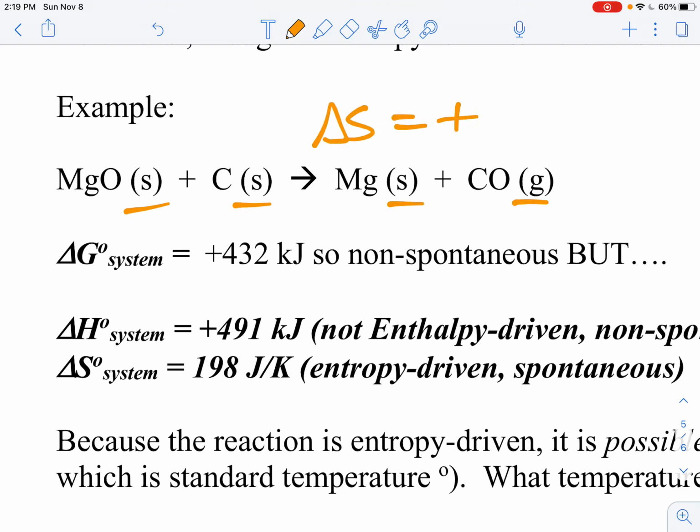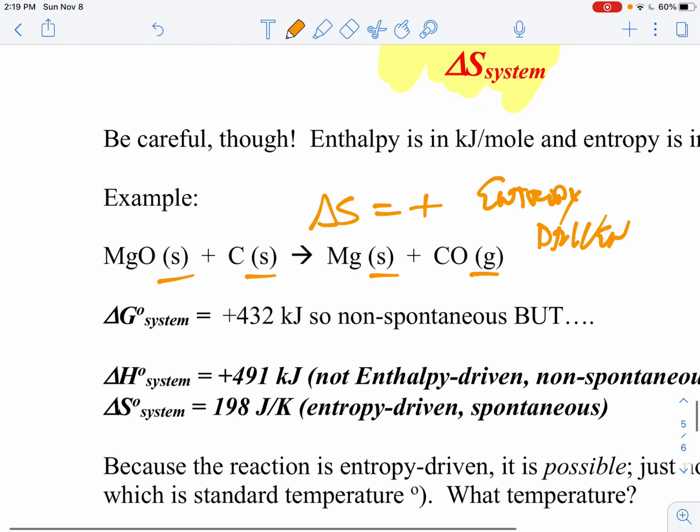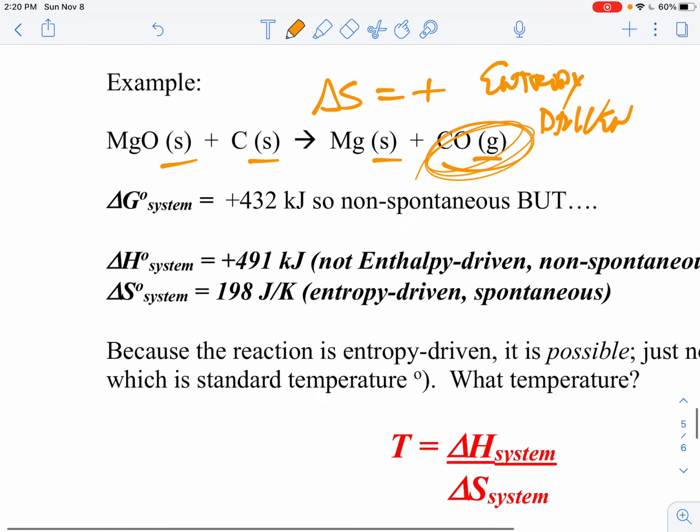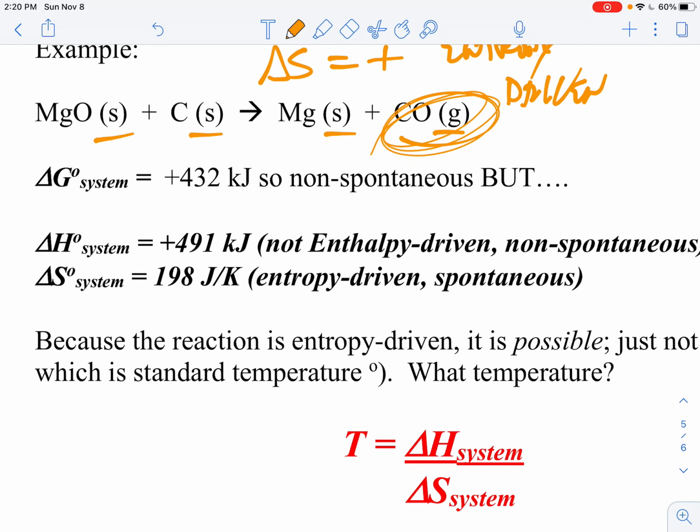I have solid and solid going to solid and gas. Ooh, the delta S for this should be positive. I'm increasing the chaos. So consequently, this is going to be an entropy-driven reaction. The entropy is going to drive this reaction because I am making more chaos. So there should be some condition that I can use to make this spontaneous. I just got to find out what it is.